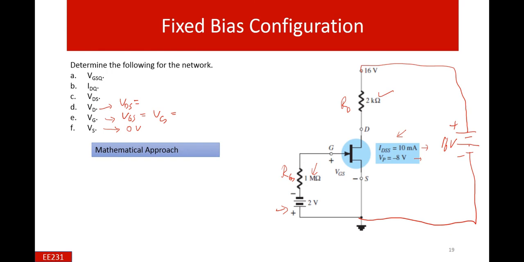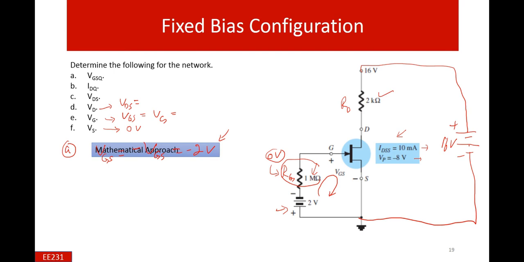So first of all, what is the VGS? If we apply the KVL in this case, the voltage drop across RG is 0 volt, so the voltage across the gate and the source is equal to minus VGG, which is equal to -2 volt.